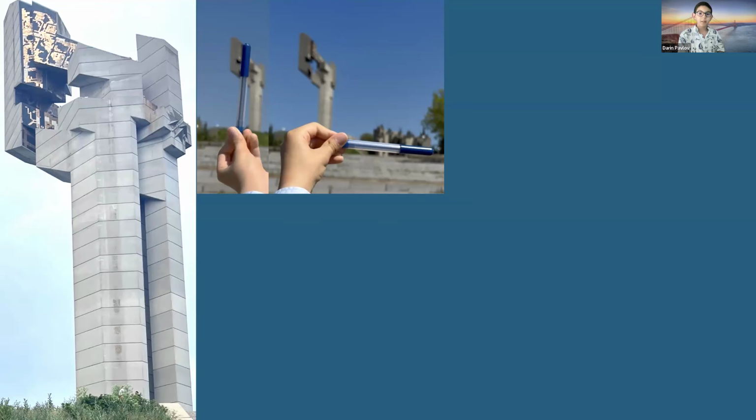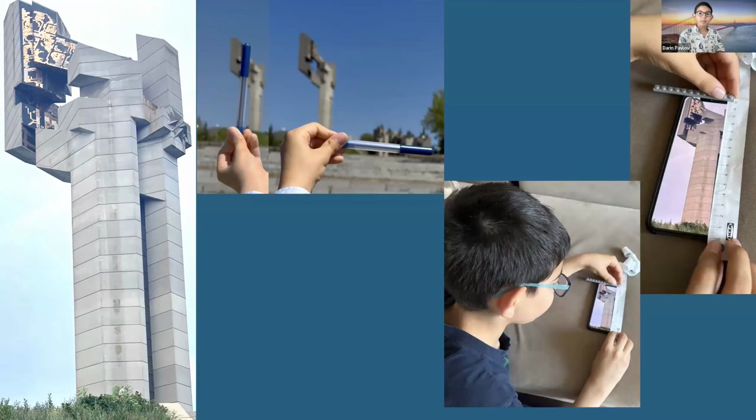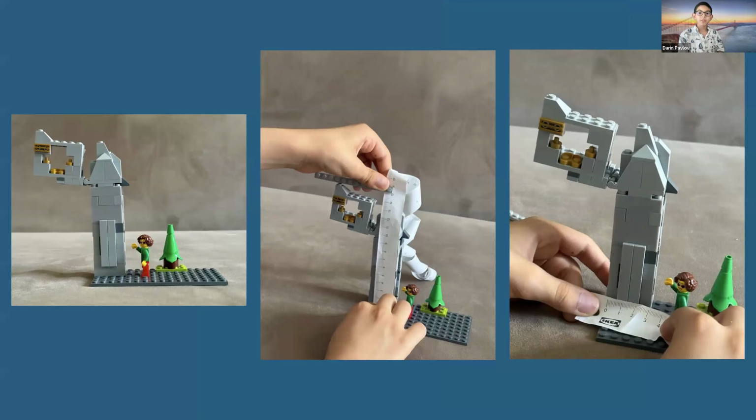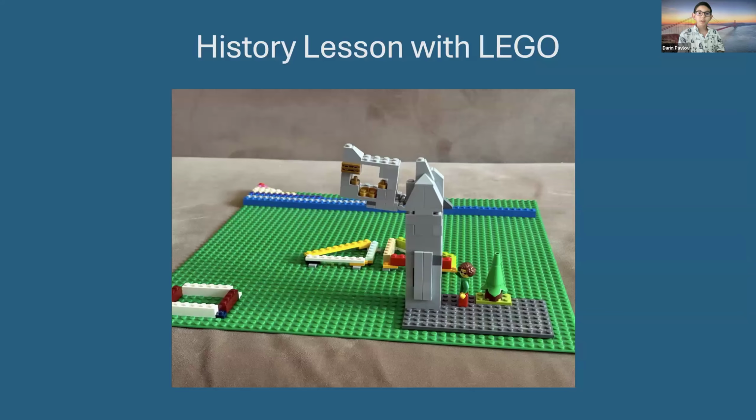Then I calculated the height to be 39 meters by measuring and counting the building blocks. To simplify it this time, I will create a model using the size from a picture. You can see I built the monument with Lego bricks. The size is exactly as in the picture. This was the history lesson with Lego.